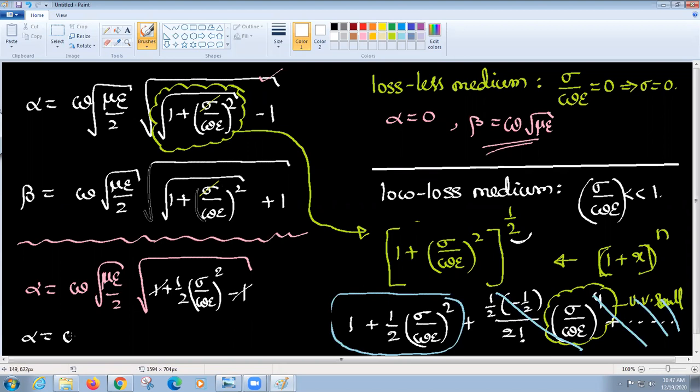So alpha is equal to omega square root of mu epsilon by 2, and now what do I get here? I get 1 by square root of 2 times sigma by omega epsilon. Agree? So omega is cancelled out with this. And what do you have now? Root 2 by root 2, that means sigma by 2. And you have square root of mu epsilon by epsilon, which means you get square root of mu by epsilon. Agree?